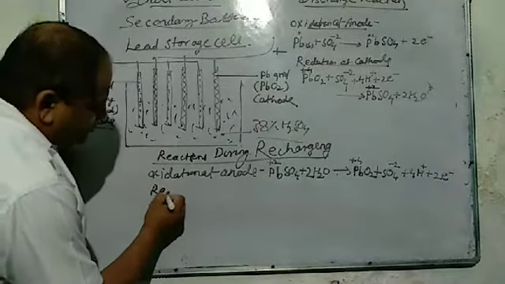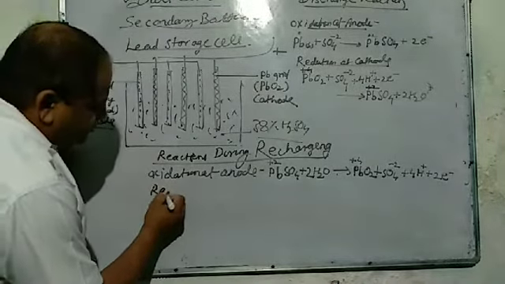Reduction at cathode: PbSO4 plus 2 electrons gives Pb plus SO4 2-.